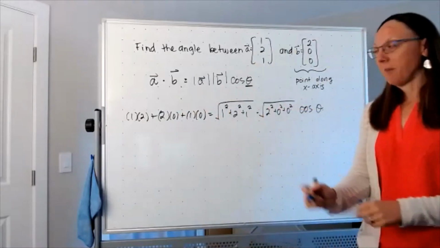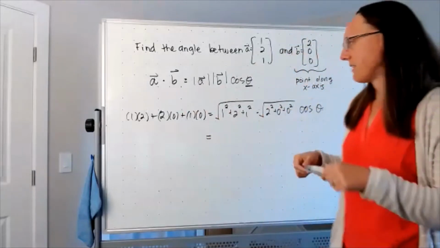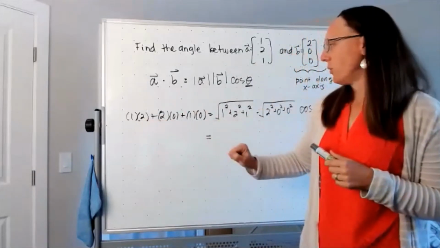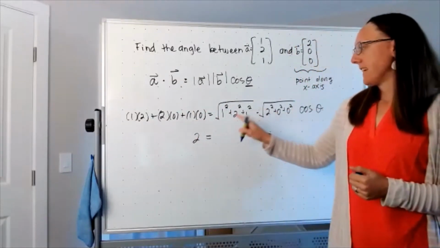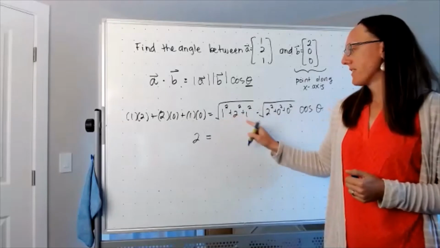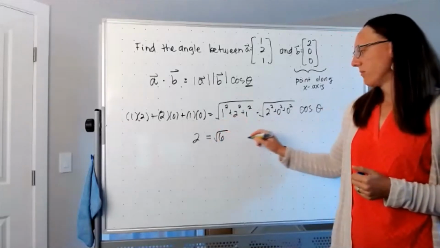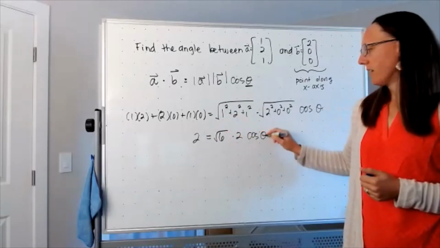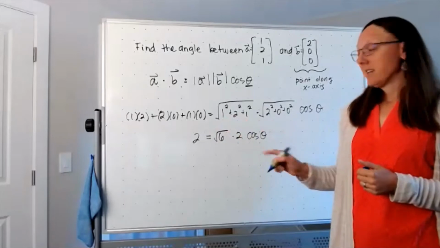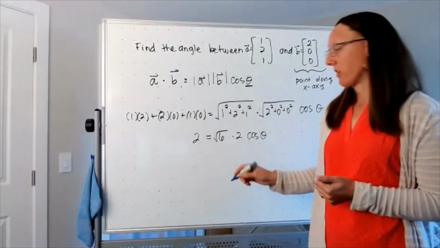Now it's arithmetic time. I wasn't doing so great with that on Wednesday. See if I do better today. That's a 2 and a 0 and a 0. That's 4, 5, 6, square root of 6. That's a 2. And cosine theta. So I can divide both sides by 2 and divide both sides by square root of 6.